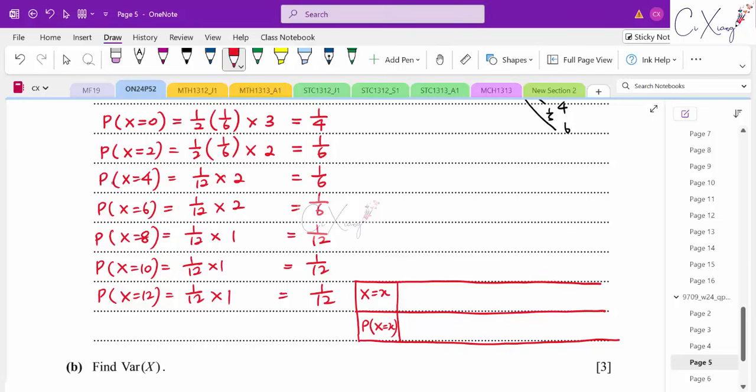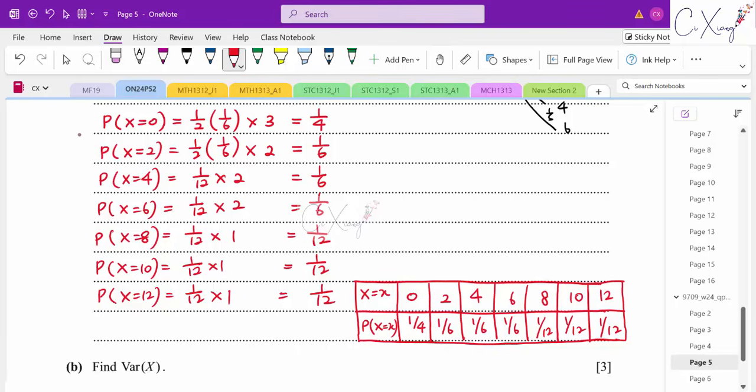We are having a few numbers here: 0, then 2, 4, 6, 8, 10, 12. Then after that, I put in all the probabilities. So 1 over 4, 1 over 6, 1 over 6, 1 over 6, 1 over 12, and so on.